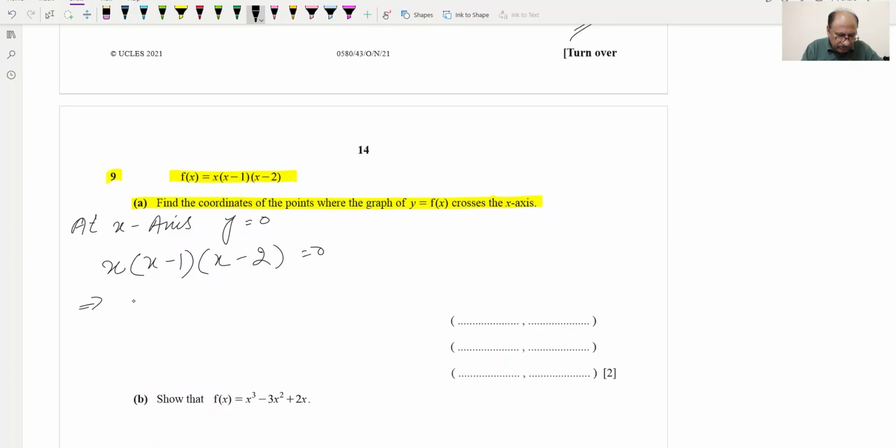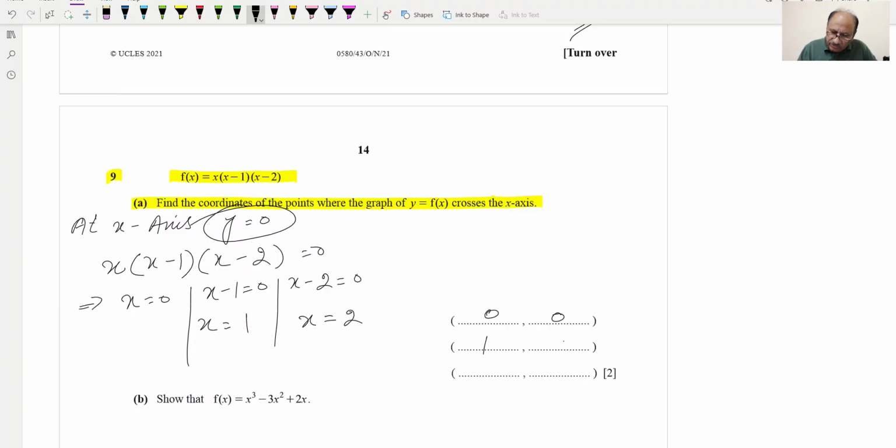This implies x is equal to 0 or x minus 1 is equal to 0 or x minus 2 is equal to 0. So x is equal to 1 and x is equal to 2. These are the x values, and the y value will be 0 for all, so the points are (0, 0), (1, 0), and (2, 0). This is the 2 marks part which we have done.